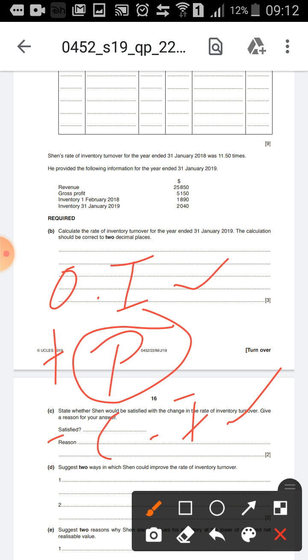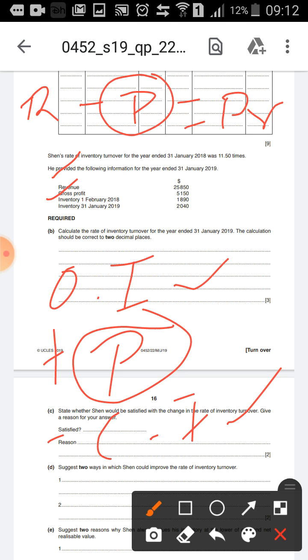For purchases you will do revenue minus gross profit. Because revenue minus purchases is equal to gross profit, so taking this to the other side, revenue minus profit is equal to purchases.